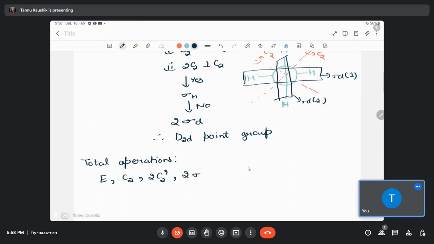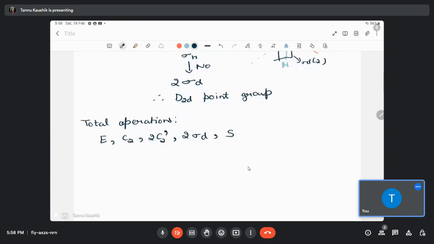We have two sigma d planes, and here in the case of Dnd point group, we always have, let me tell you this, S2n will be present.